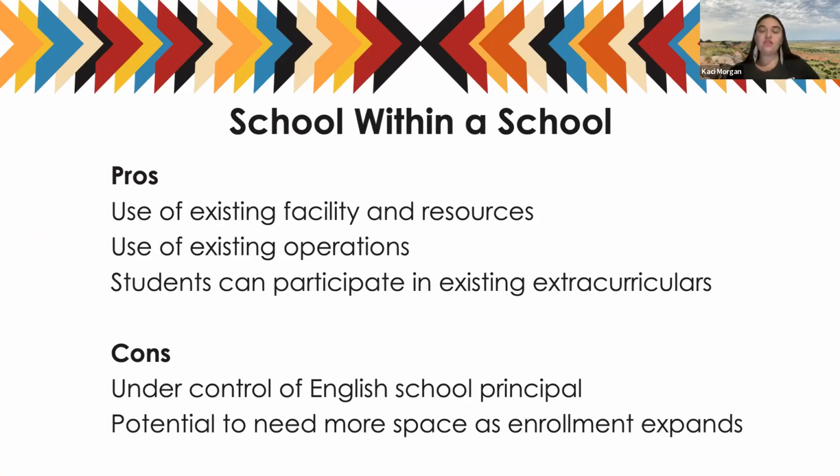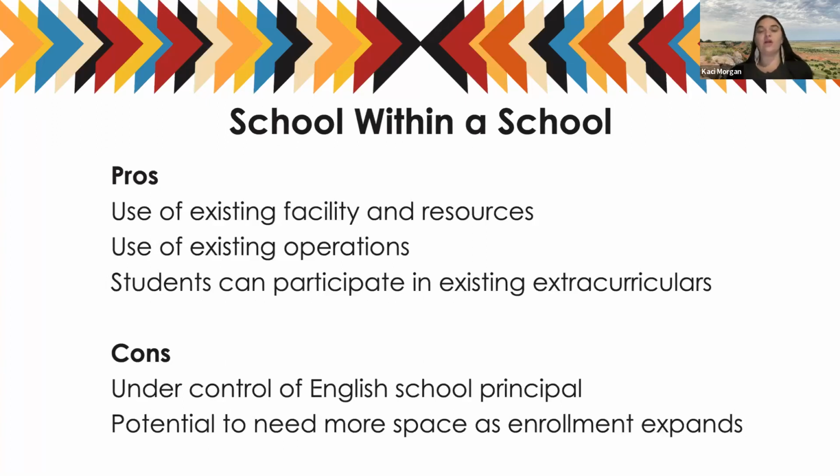Some of the pros of this type of model, to recap what Olani was talking about earlier. You do have that use of existing facilities and resources. You have the use of existing operations. And one of the barriers that we've seen in starting a new immersion school, particularly for older students if you're thinking about how to start a secondary school, is providing extracurriculars.